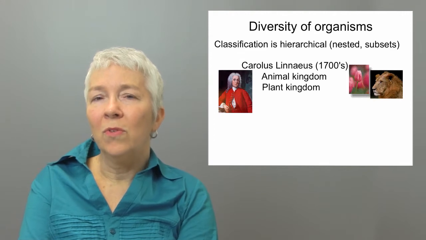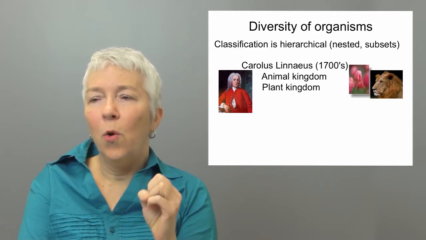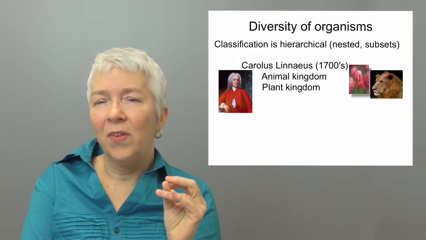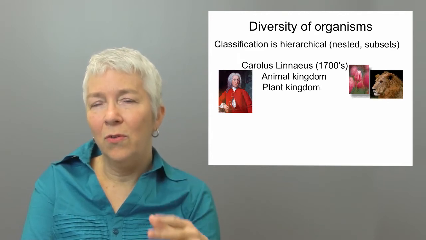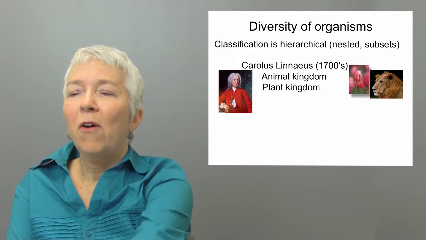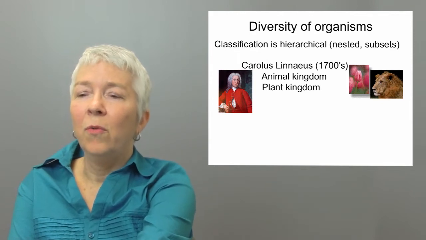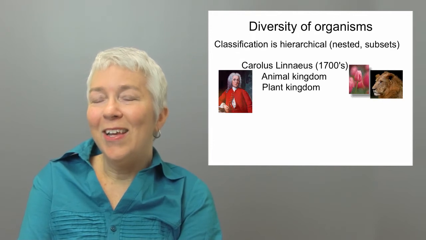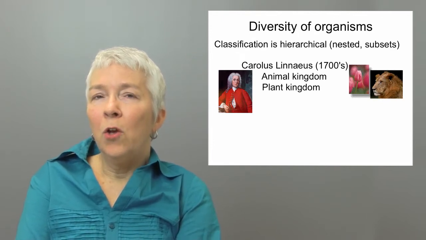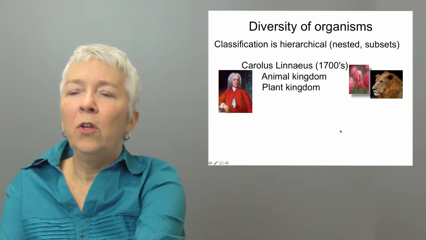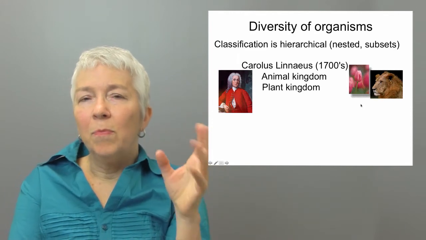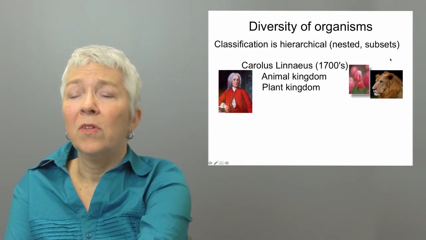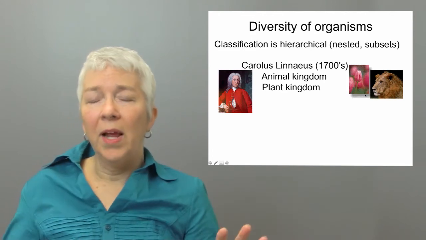One of the individuals who is most closely identified with generating some of the features of classification schemes that are still used today is Carolus Linnaeus, a very influential European biologist of the 1700s, who recognized that there were huge differences between different organisms that would be considered animals versus different organisms that would be considered plants.